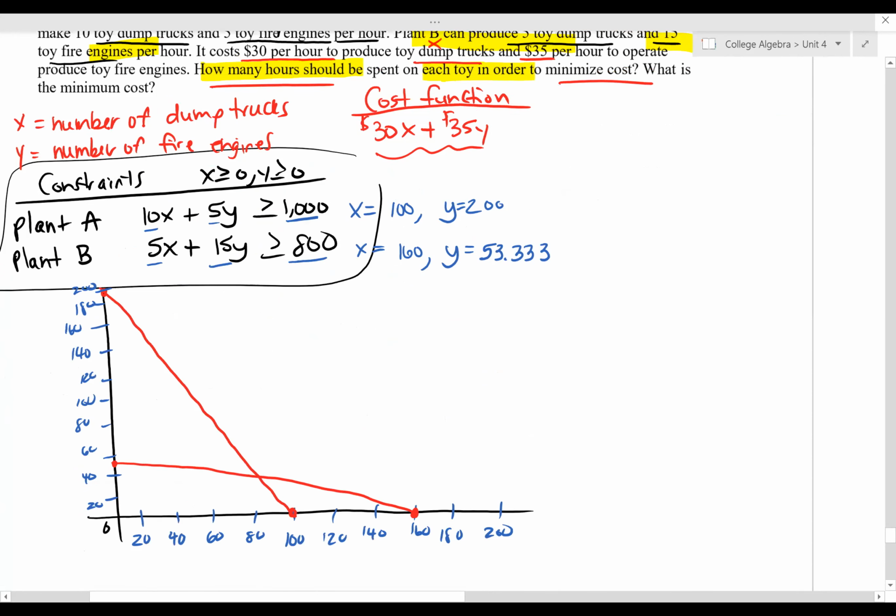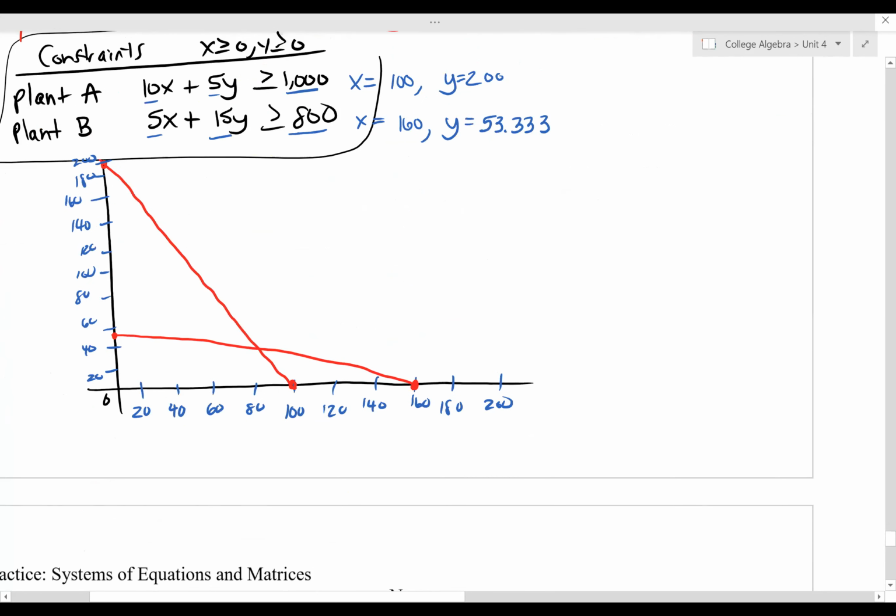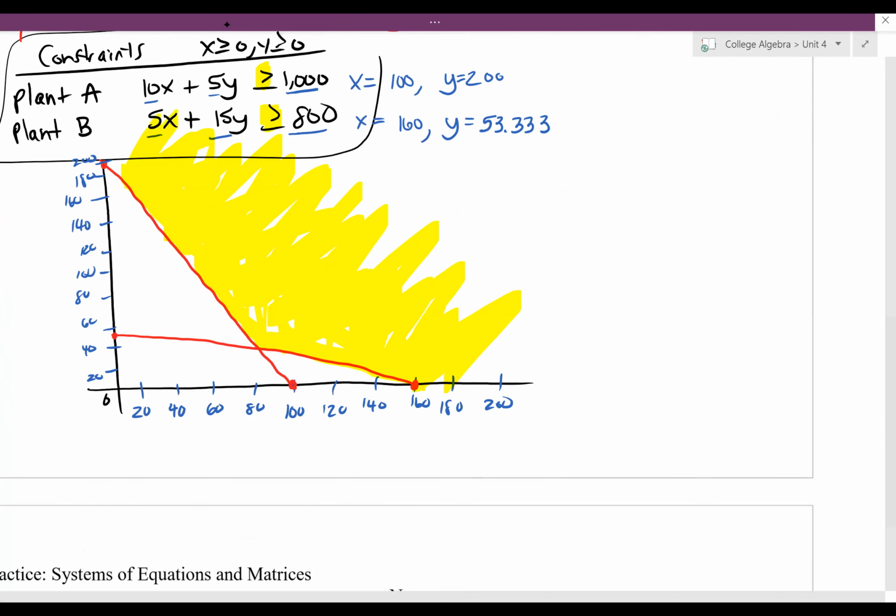Okay. So how do we shade? This one is shading greater than each line. So at each line we're going out, and at this line we're going out. So the intersecting region is out here. And this region is bounded by, it looks like, 3 corners.